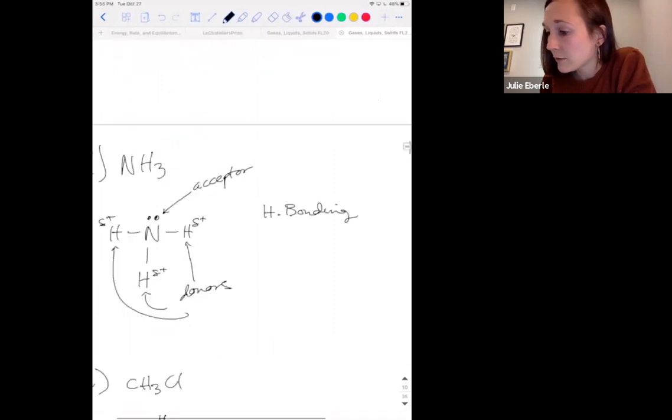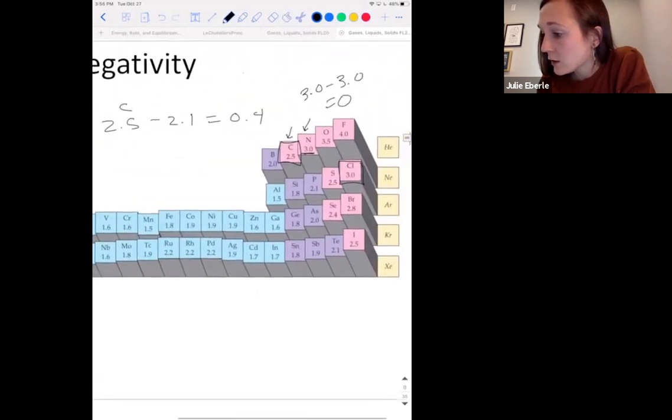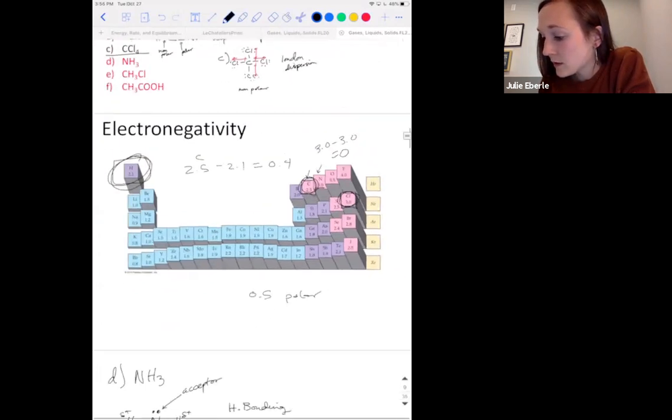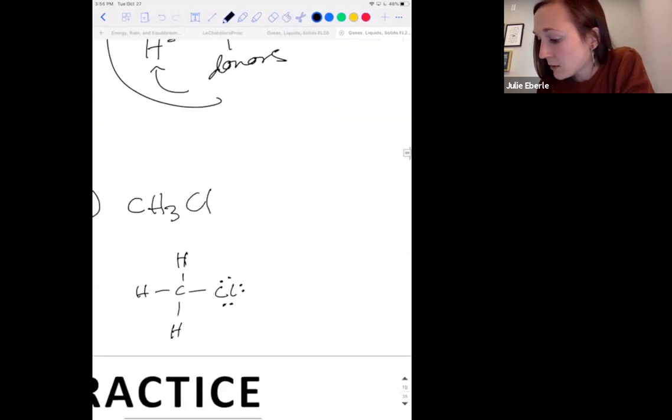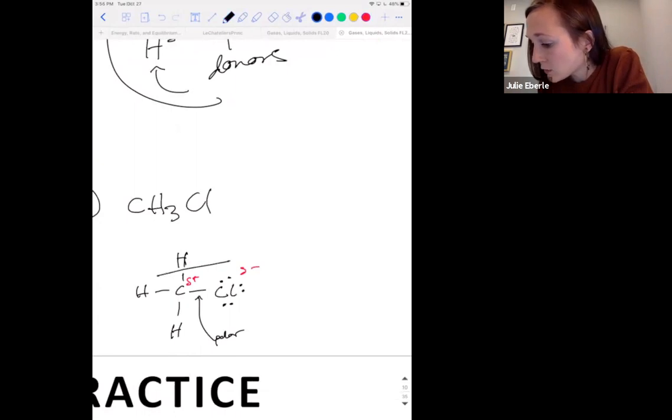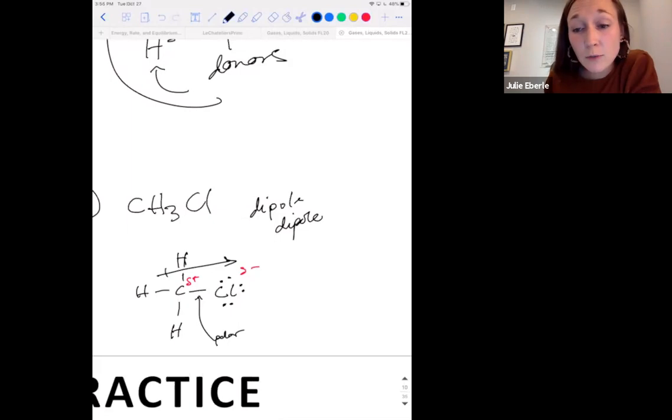If we look at the electronegativity chart here, chlorine is 3.0, carbon is 2.5. That is a difference of 0.5, which is classified as a polar bond. So this bond between carbon and chlorine is polar. We could draw in the partial negative and the partial positive, and a dipole pointing towards chlorine. The strongest force at play here will be dipole-dipole. This molecule will also experience London dispersion forces, but the strongest force will be dipole-dipole.